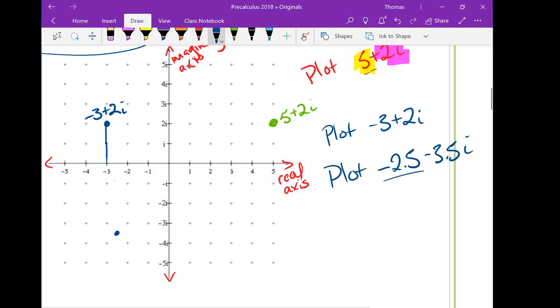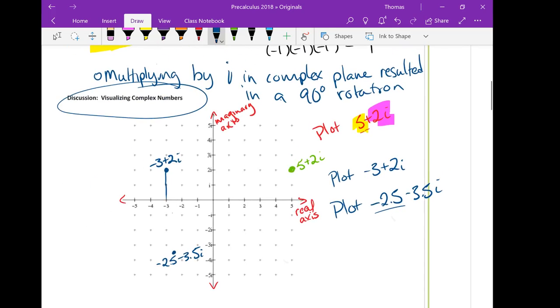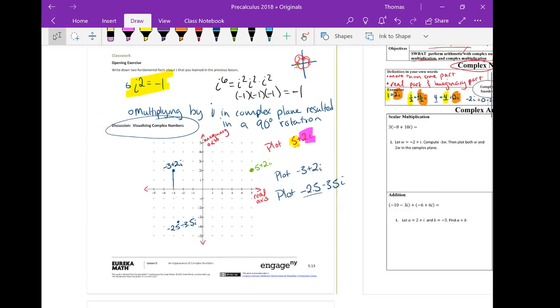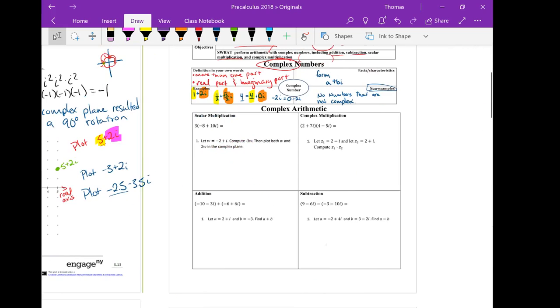But once we're done, we just have to plot this point, negative 2.5 minus 3.5i. So plotting numbers on the complex plane is pretty straightforward. It looks a lot like plotting x and y values. In class, people mentioned it reminded them quite a bit of slope as they go over and up. So that is our first objective pretty much summarized.